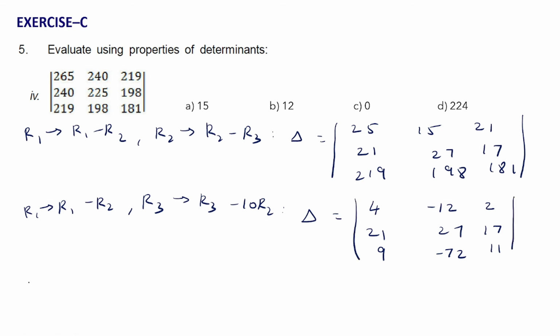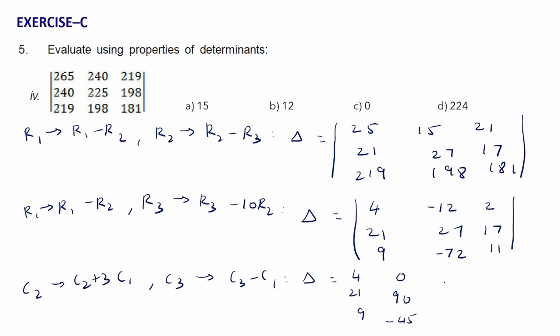Then next we have C2 changing to C2 plus 3C1 and C3 changing to C3 minus C1. If we perform these operations, we get C1 remains the same, so 4, 21 and 9. C2 changing to C2 plus 3C1. So here we have minus 12 plus 12, 0, then 90, then minus 45.